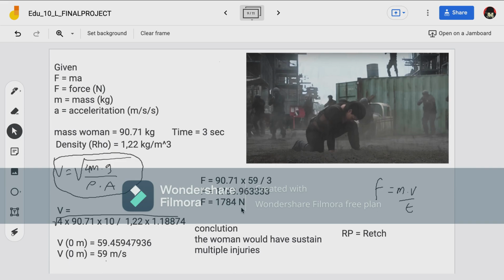My conclusion is the woman would have sustained multiple injuries, heavy at that, because when she jumps down, she suddenly stops, and the force would have injured her.